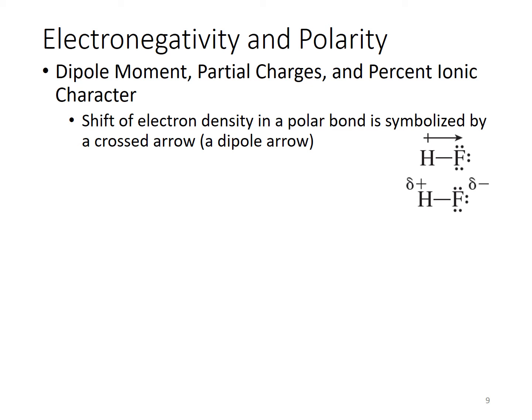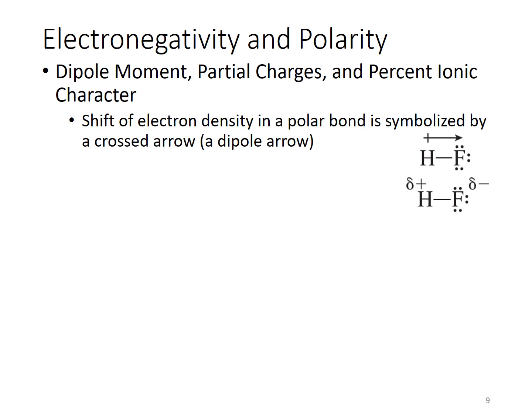Another way we can indicate that is with that dipole arrow. And you can see there's a plus sign on one side of the arrow, and that's on the plus side of the bond. And then the arrow is always going to point towards the more electronegative atom. And it's going to be along those bonds. These are vectors. If you're familiar with vectors, they have a magnitude and a direction.